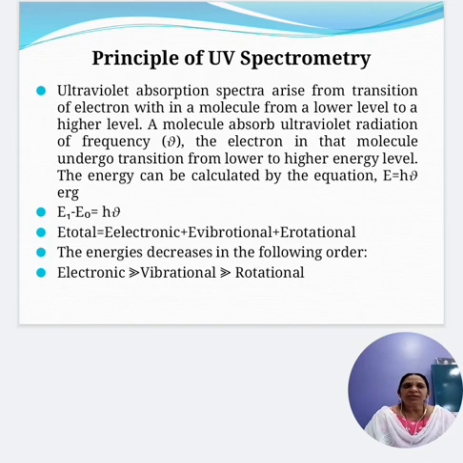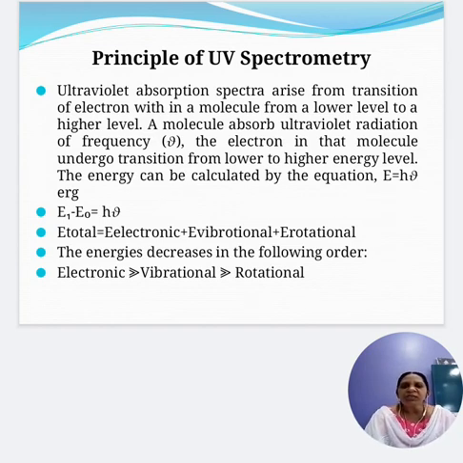Then coming to the principle of ultraviolet spectrometry. Ultraviolet spectrometry is an absorption spectrometry which arises from transition of electrons. When the molecules absorb this radiation, the electrons in the molecules begin to move from lower energy levels to higher energy levels.